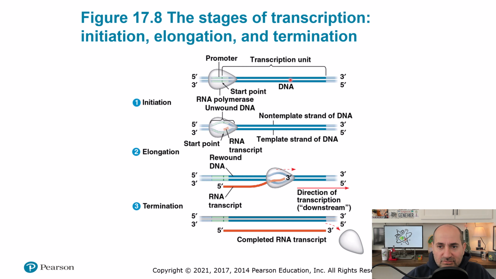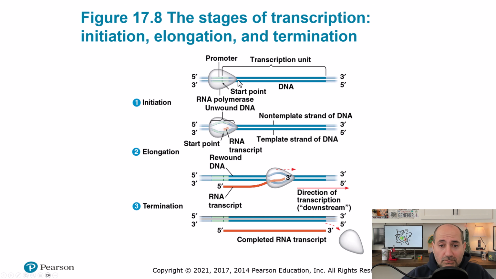Right here you have one gene, and by the way, the DNA would extend for miles and miles to the left and miles to the right, because remember, each chromosome contains hundreds or thousands of genes, right? But we're just looking at one segment of the chromosome.